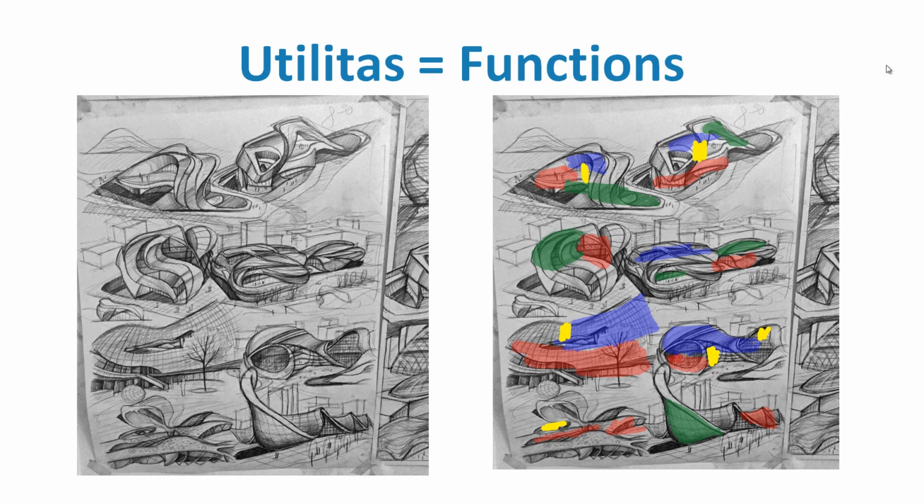Maybe the green part is going to be an exhibition area, right? The red part is going to be a foyer, right? So an area where people meet up when they get into your building. And the blue part is going to be maybe an administrative space, or like an office space, maybe a cafe, right?